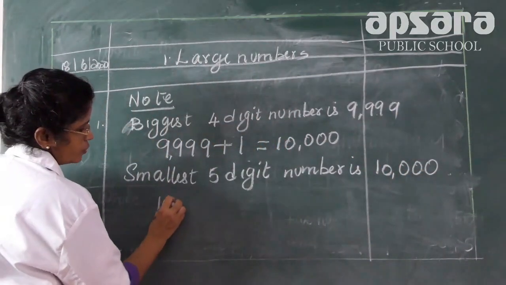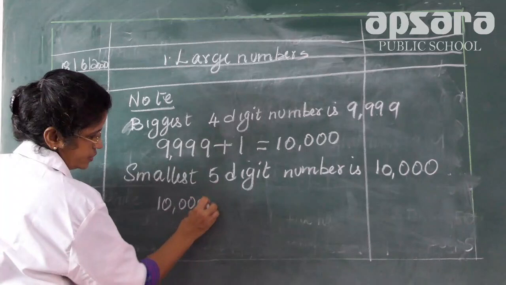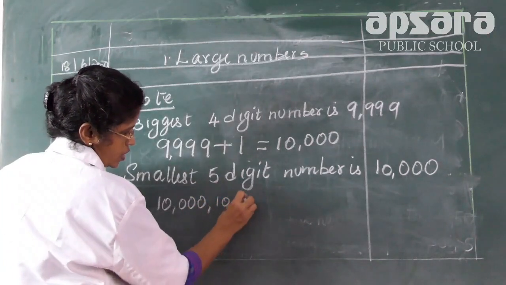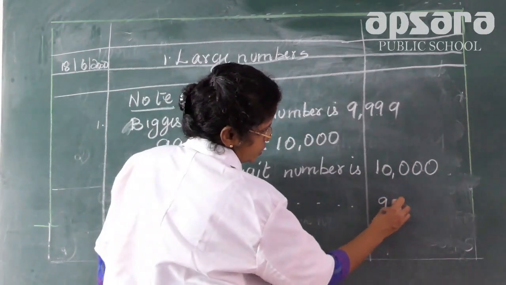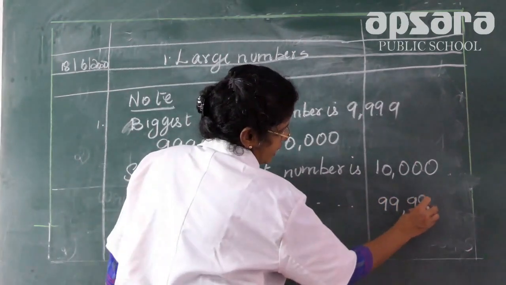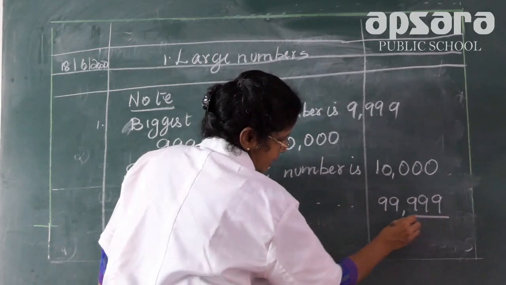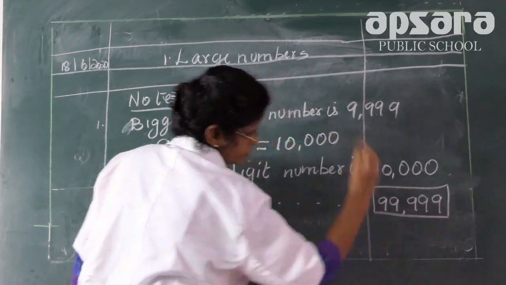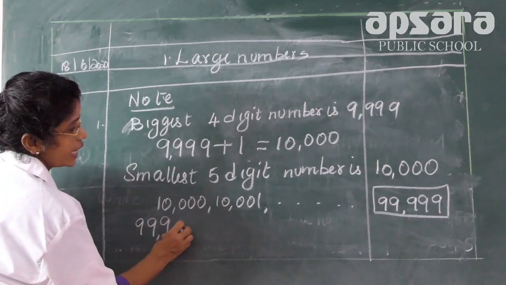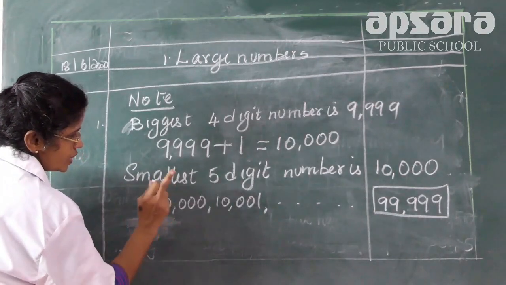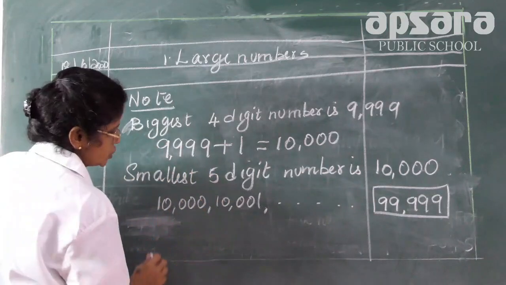Next, you have to write 10,000, 10,001. It goes on until it reaches 99,999. Yes? So 99,999 is the biggest 5-digit number.